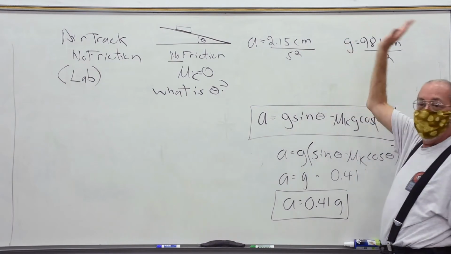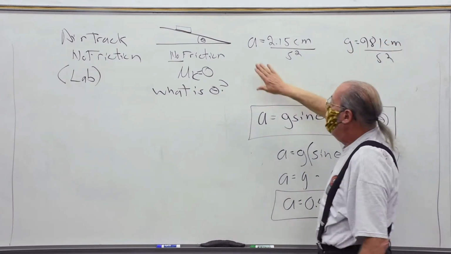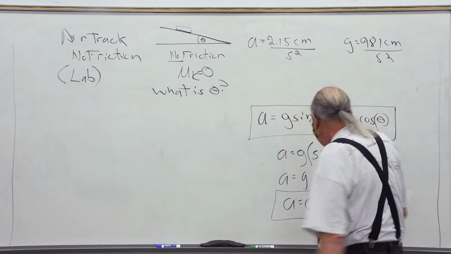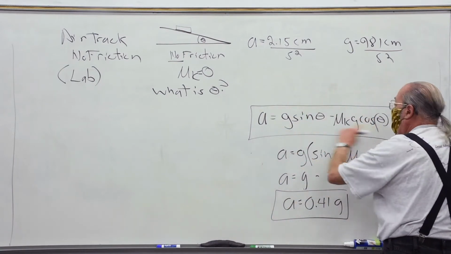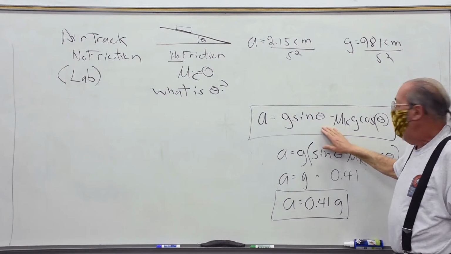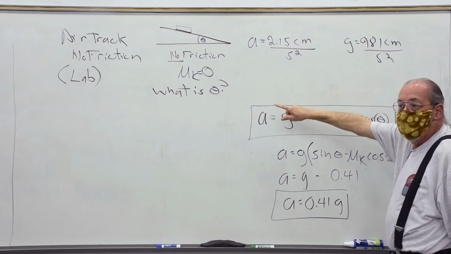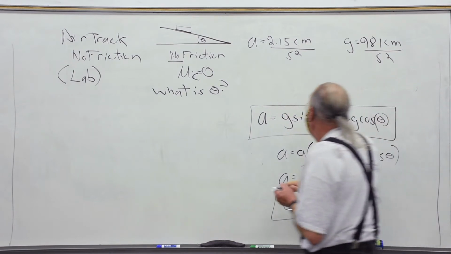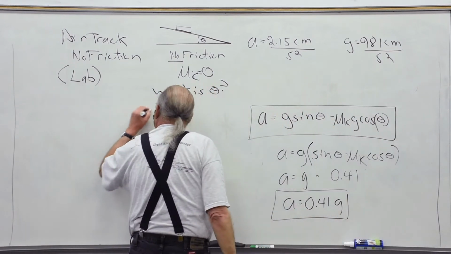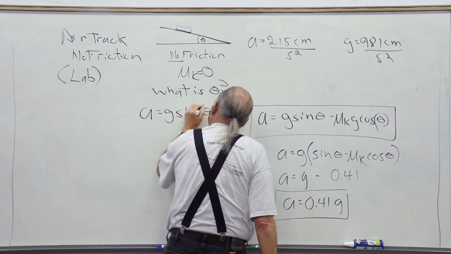Well, every single thing we did in this case is exactly the same. This equation still applies to this situation. But mu sub k is 0. So as a result, the acceleration is g times the sine of theta.